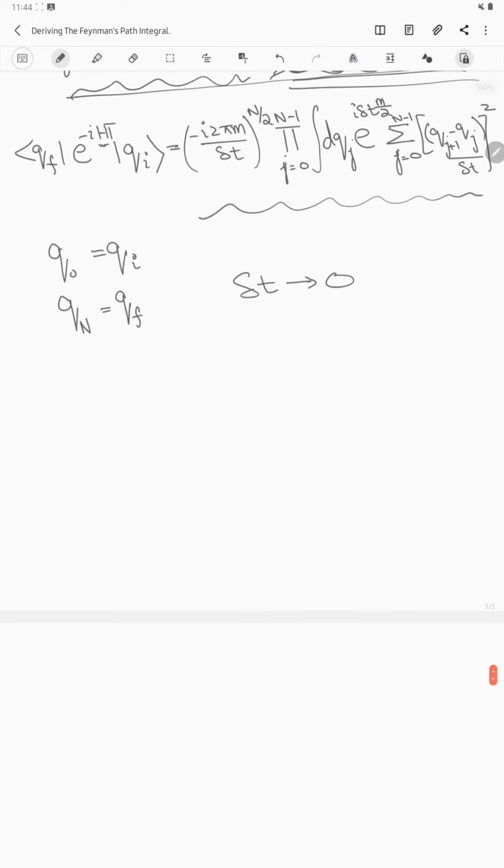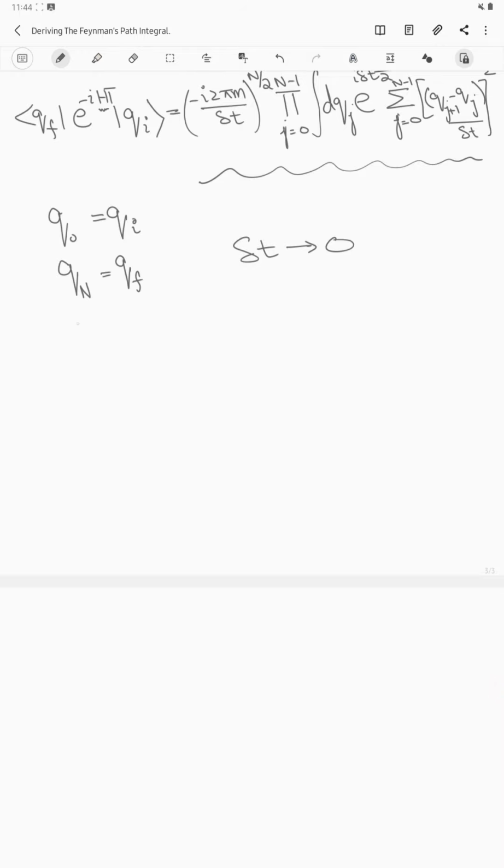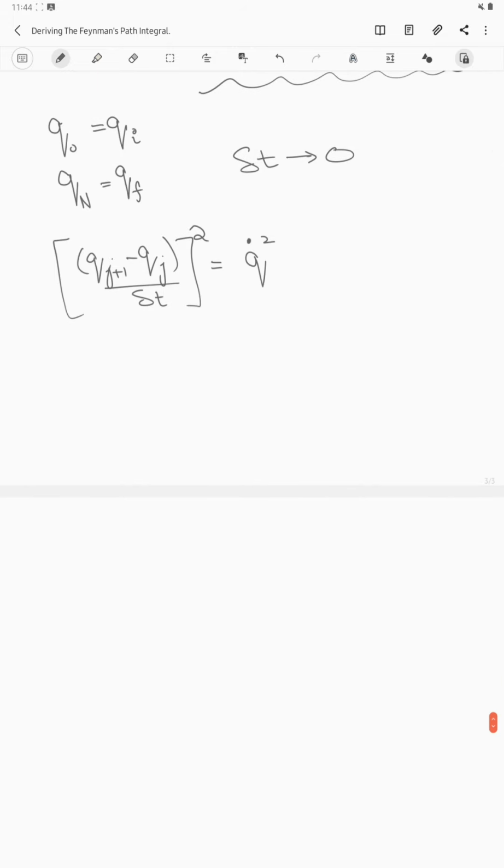Once we do that, Newton and Leibniz taught us to replace (q_{j+1} − q_j)/δt, squared, by the time derivative of the generalized coordinate, q dot squared. And we also know that we can replace the summation from j equals 0 to n−1 by the integral from 0 to t.